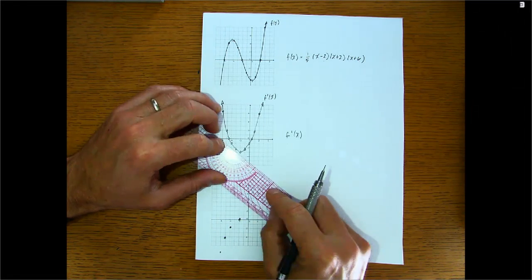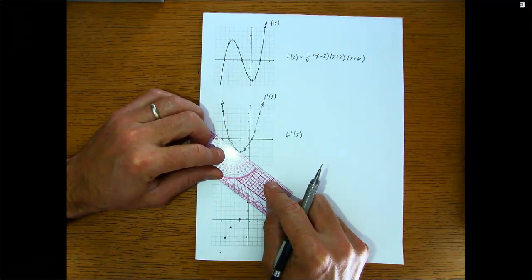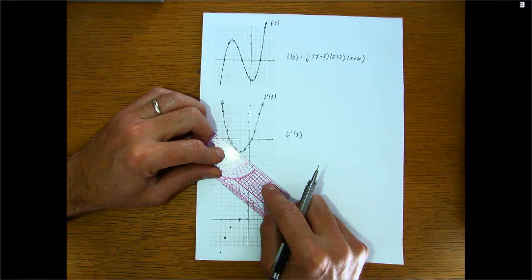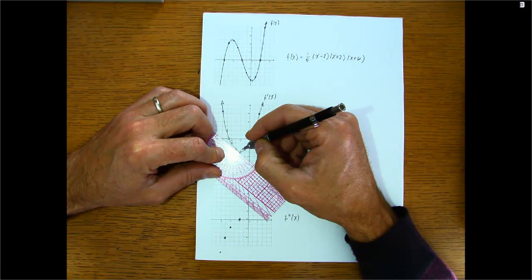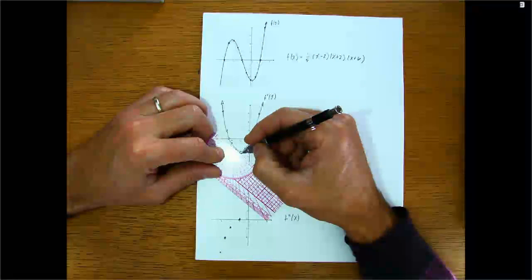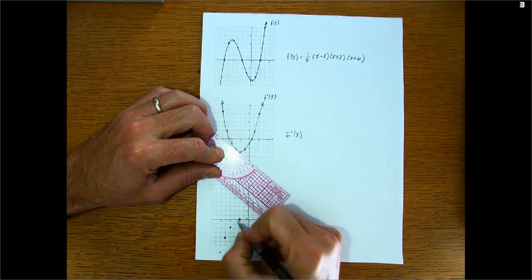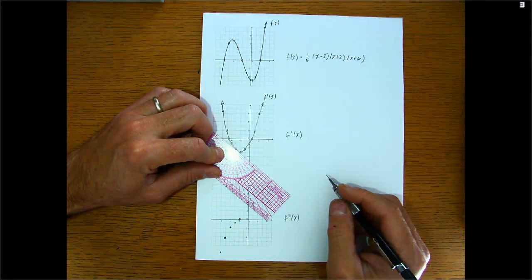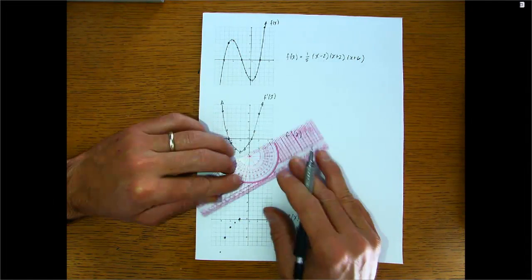Let's see what it's at -3. So if I sketch that, it looks like I'm over 1, down a little less than 1, maybe 3/4. Okay, so at -2, we think we're at 0.